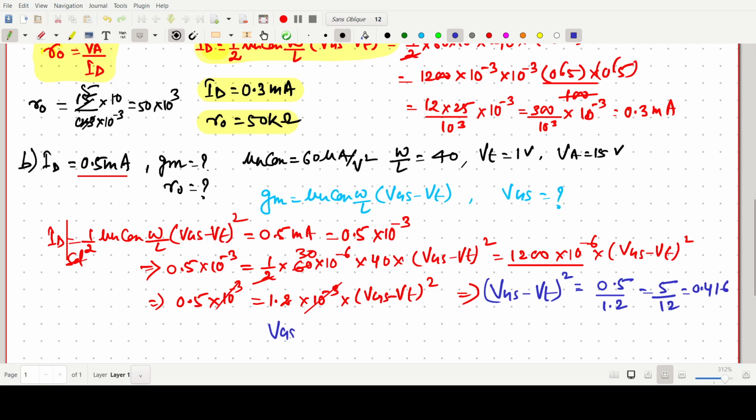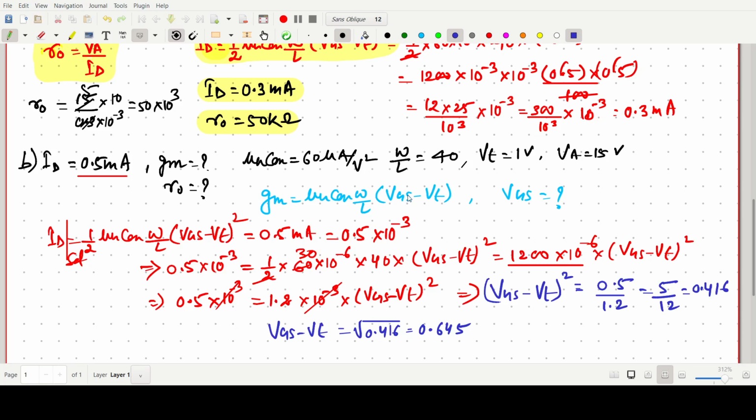So the exact value of VGS minus VT we can calculate by square rooting. If you solve this, it will come around 0.645 for VGS minus VT. If we do it in a calculator with 0.416 it will come 0.645; I have already solved it, so that's why I'm writing it.